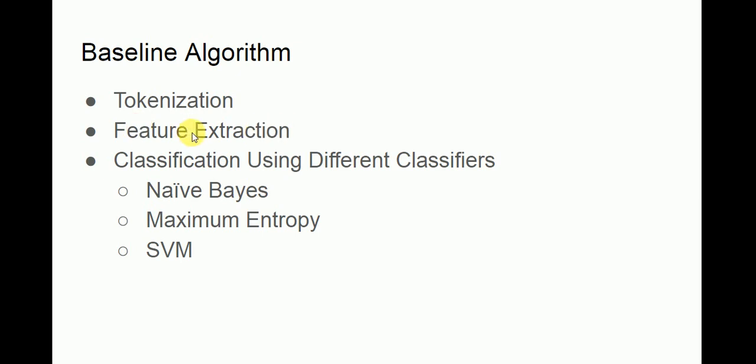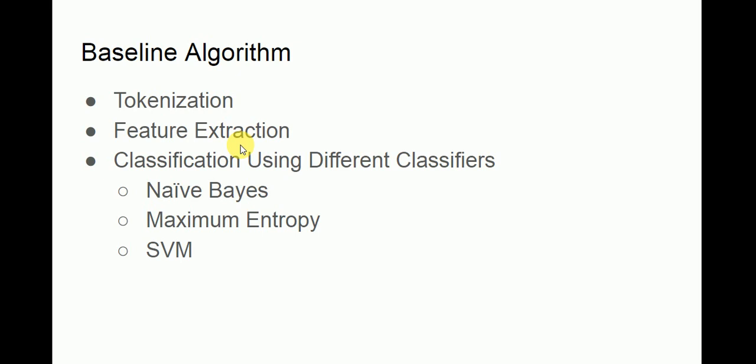The second step is feature extraction. Features are just words, like for example good, awesome, wonderful represent the features of the positive class, and words like hate, worse, or disappointing represent features of the negative class.